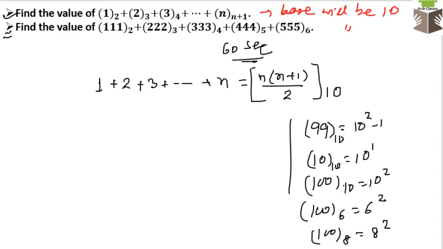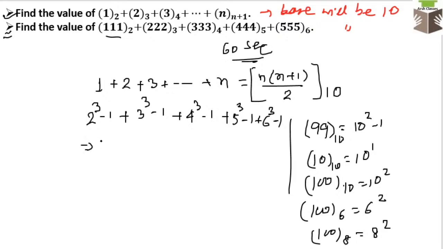As you can see, this number is 111 base 2. So this becomes 2 raised to the power 3 minus 1, plus 3 raised to the power 3 minus 1, plus 4 raised to the power 3 minus 1, plus 5 raised to the power 3 minus 1, plus the base is 6 here, so you will write 6 raised to the power 3 minus 1.